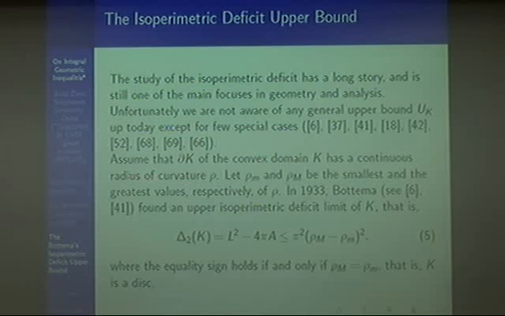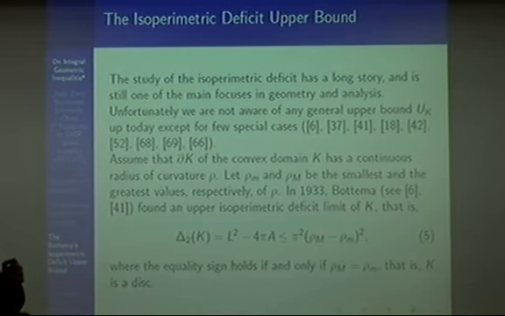Assume that the boundary of K, a convex domain, has a continuous radius of curvature, and let these be the smallest and the greatest ones. Back in 1933, Bottema found the upper bound of this deficit. So this one is very restrictive. It must be an oval domain.